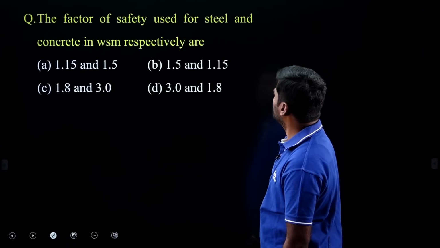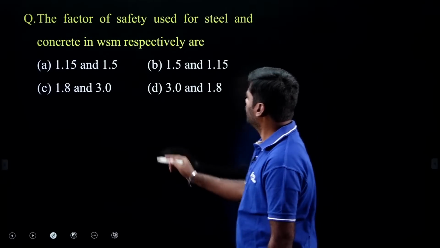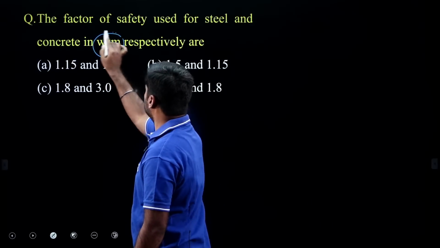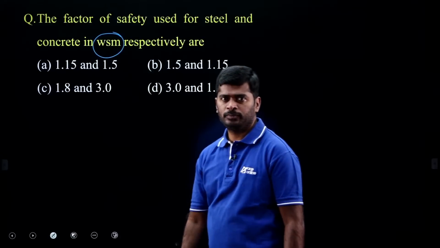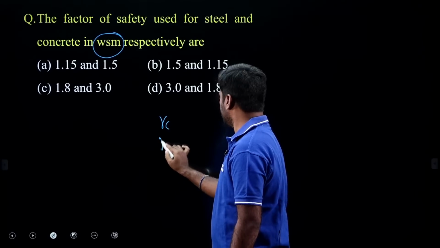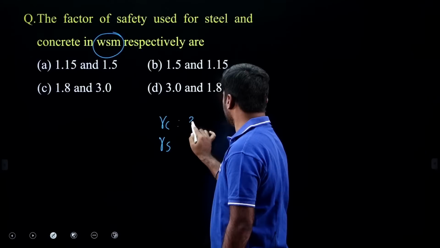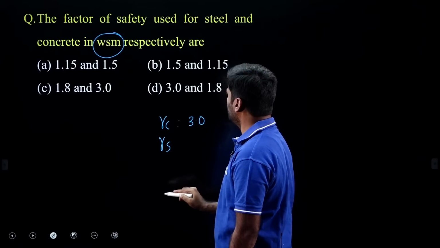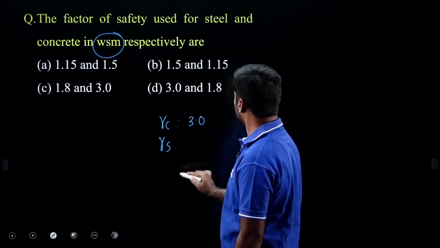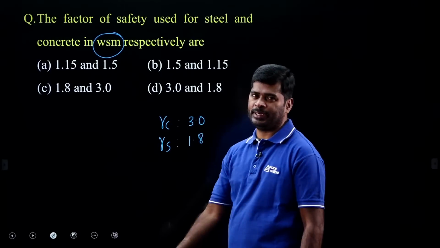Next question. The factor of safety used for steel and concrete in working stress method respectively. Here also very clearly mentioned working stress method. Partial safety factor used in working stress method for concrete is 3, and for steel is 1.78. Let us take round figure 1.8.